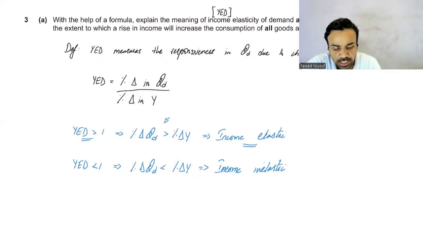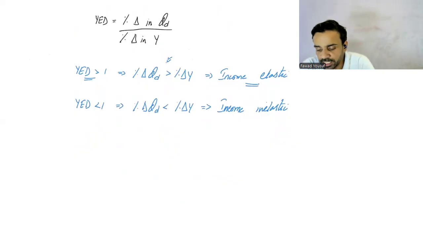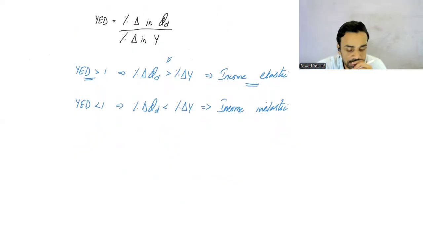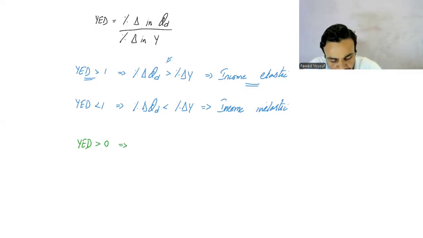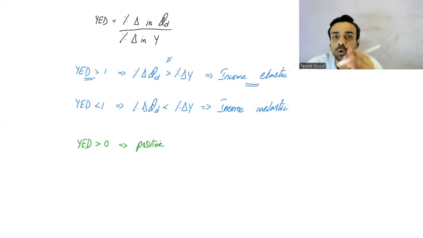Question is about consider the extent to which a rise in income will have an effect on all types of goods. Okay. इसके अलावा knowledge and understanding में more ideas that I can talk about is this. अगर YED की वैल्यू greater than 0 है, अगर YED की वैल्यू पॉजिटिव है, ठीक है, what does that mean? पहले तो मैं ऊपर आपको फॉर्मूला के पॉइंट ऑफ व्यू से बता दूं.